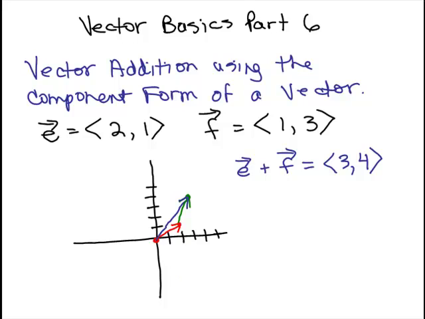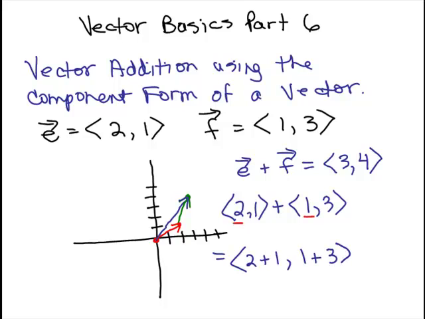Now you might have seen that there's kind of an easier way to do that. Let's say I had written E as 2, 1 and F is 1, 3. You might have noticed that our resultant vector is really the sum of the two first components, 2 plus 1, and 1 plus 3.